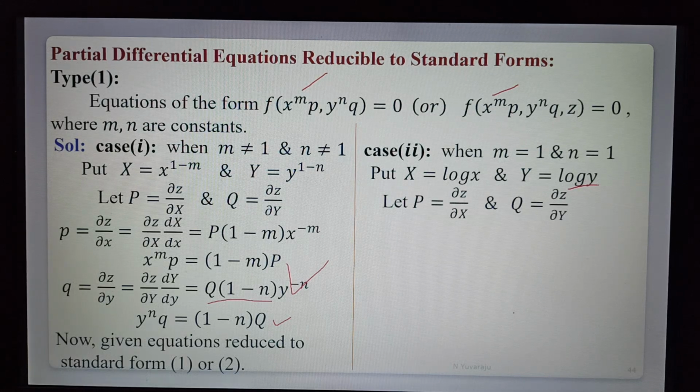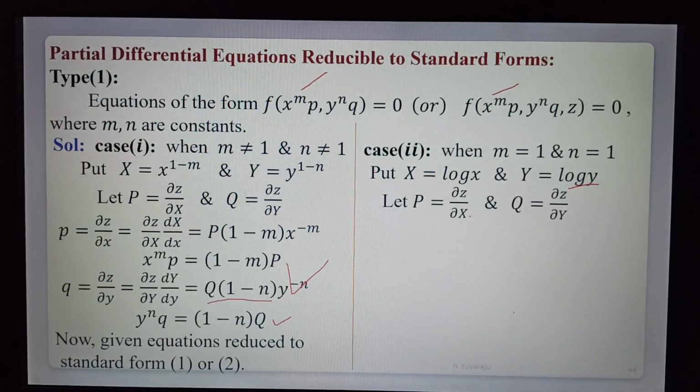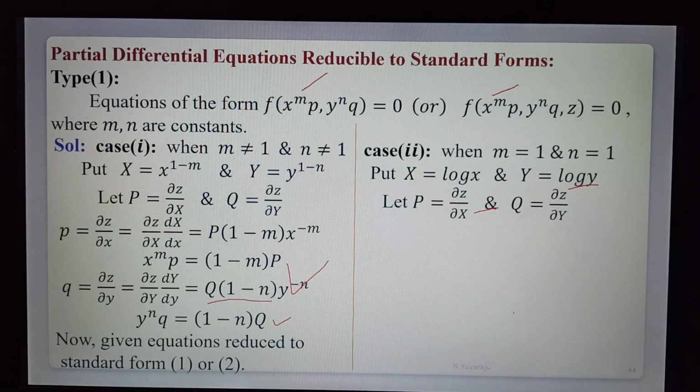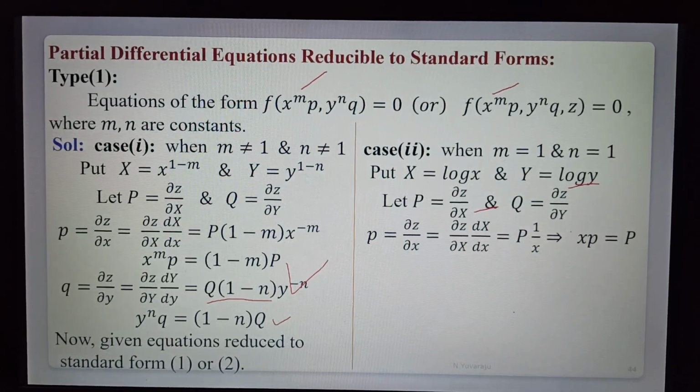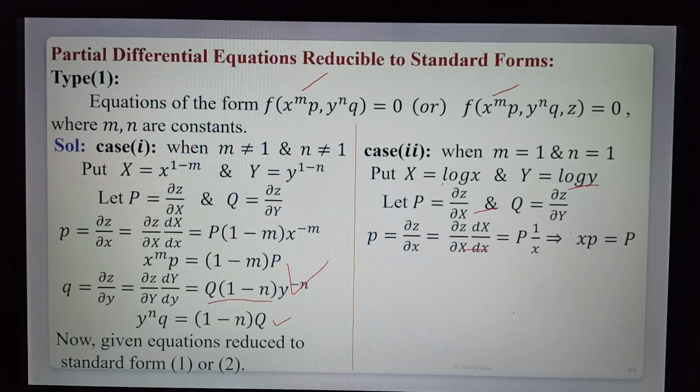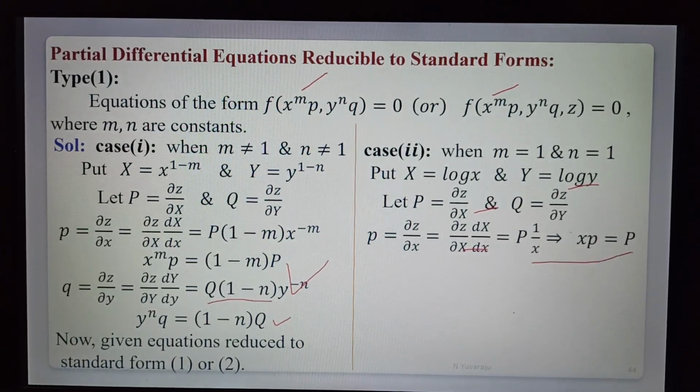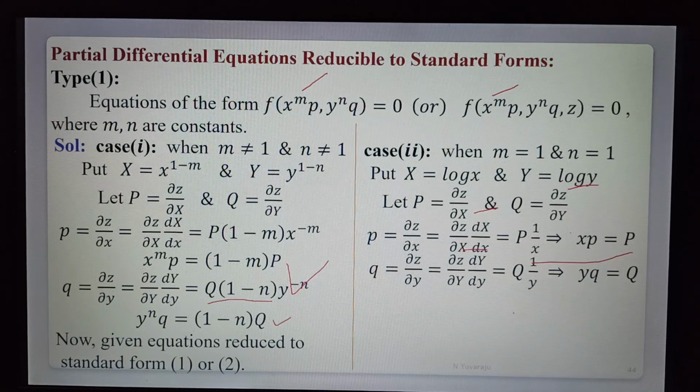Let capital P be equal to dou z by dou capital X and capital Q be equal to dou z by dou capital Y. Similarly, dX by dx is 1 by x, the derivative of log x, so x p is equal to capital P. Similarly, q is equal to dou z by dou capital Y into dY by dy, which is q into 1 by y, so y q is equal to capital Q.